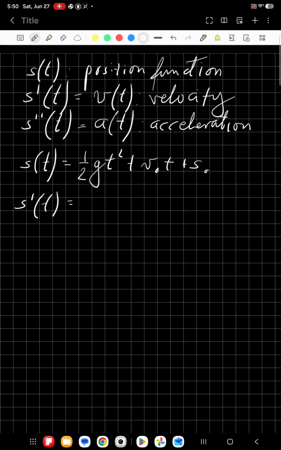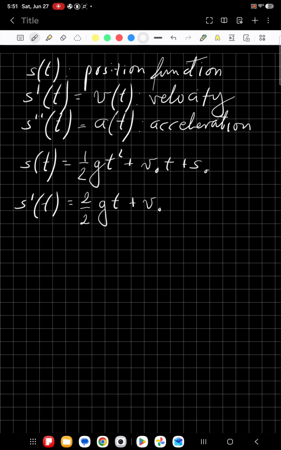So we get 2 over 2, then g times t. And this is plus, by the way. This looks like another t, but it's just plus. And then I have v0 times t, so plus v0. And then the derivative of a constant is just 0.